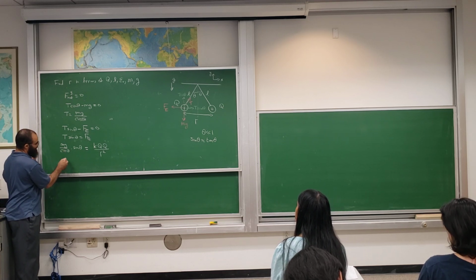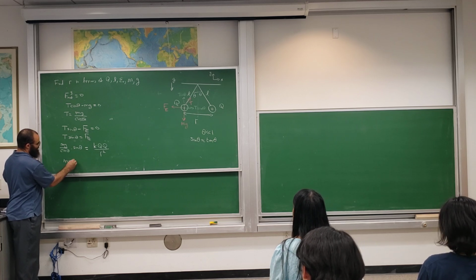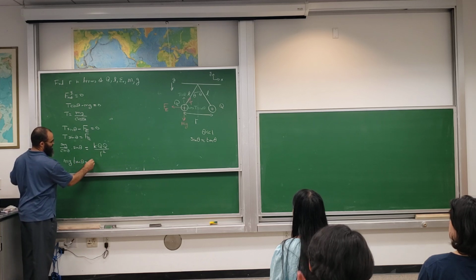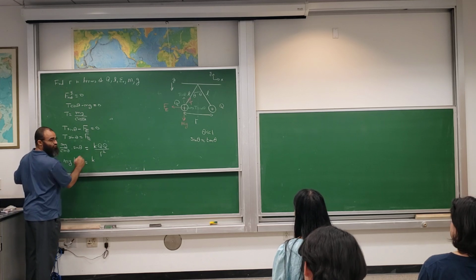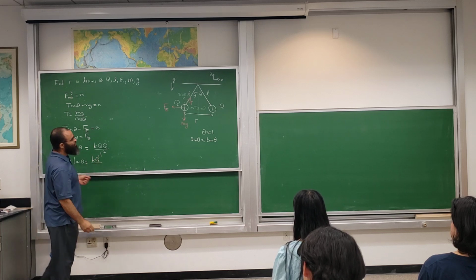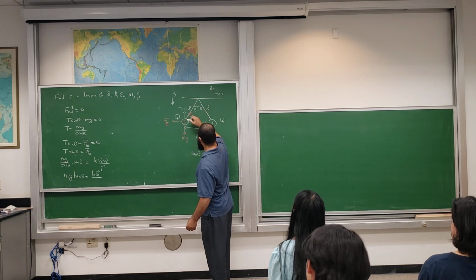So let's continue and then we'll solve. mg tangent of theta is equal to k, where k is 1 over 4 pi epsilon naught, times Q squared over R squared. What is R? Well, this is L, right?